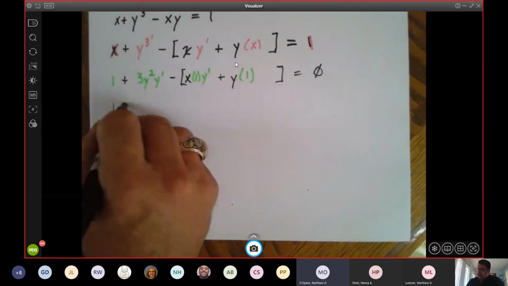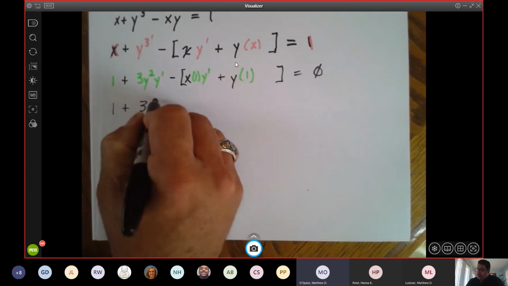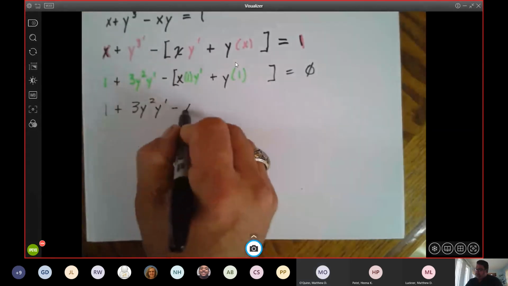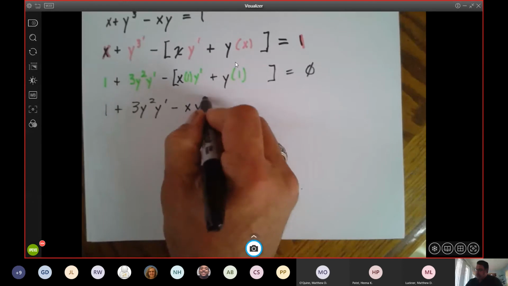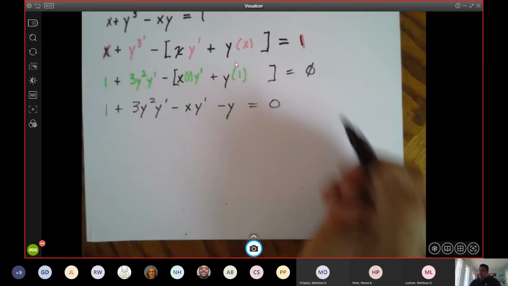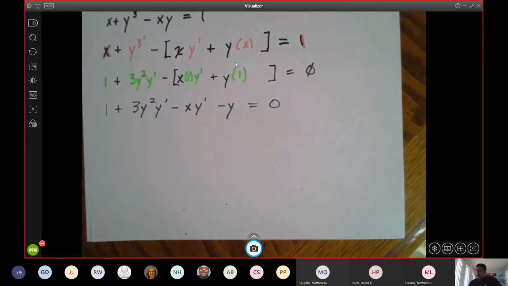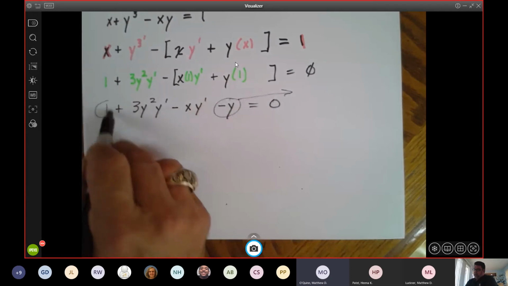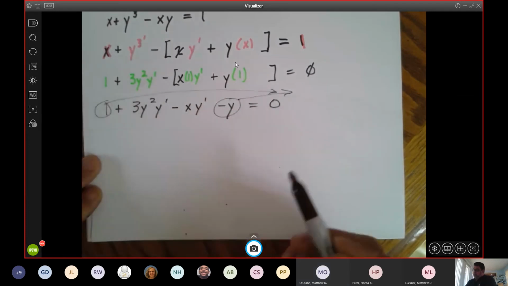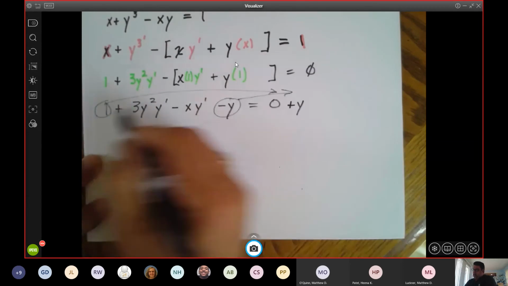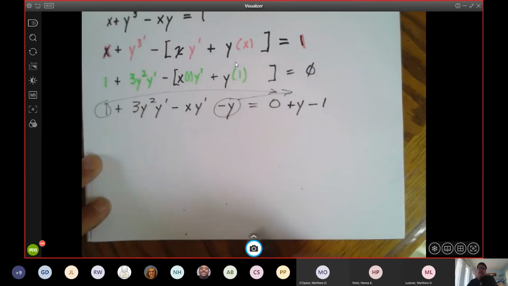1 plus 3y squared y prime minus x y prime minus y equals 0. That y comes over, and that 1 comes over. That's going to be a positive y and a what? Minus 1.